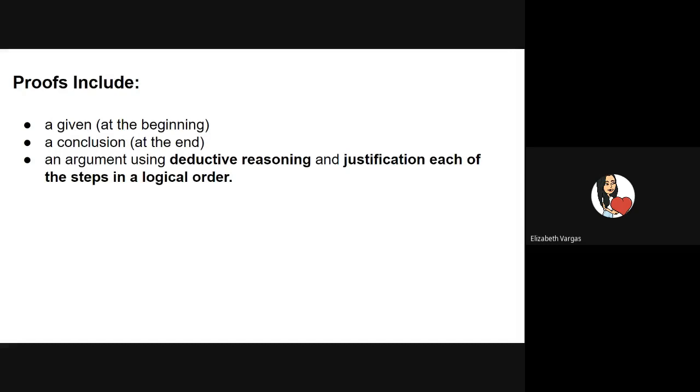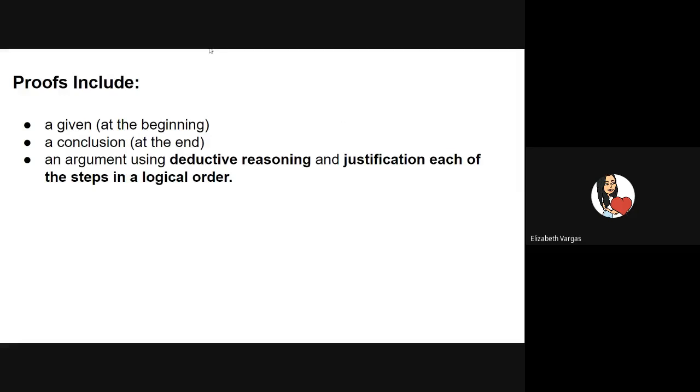For example, you might have already seen a proof that says, given that so-and-so, prove that something else. So you would use a proof to prove that. These proofs use deductive reasoning as a justification, and we have to justify each step until we get to our conclusion.